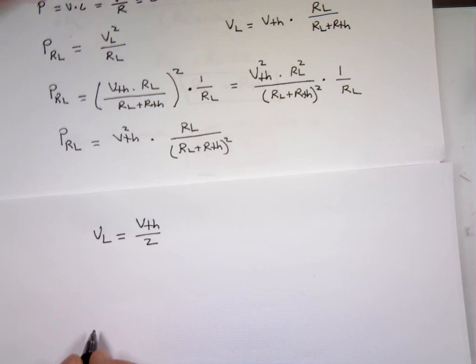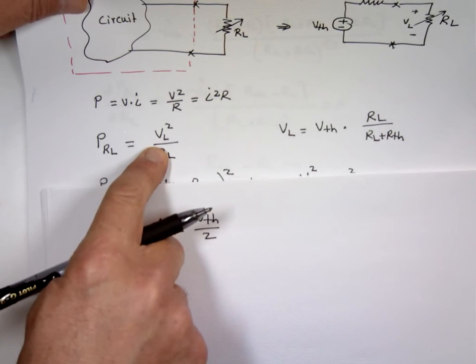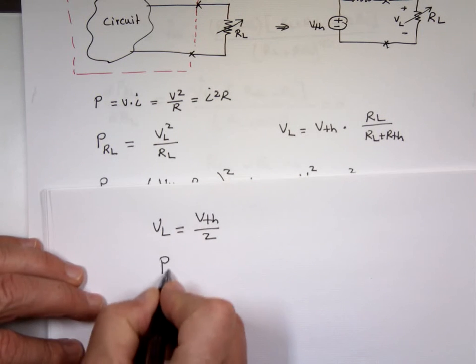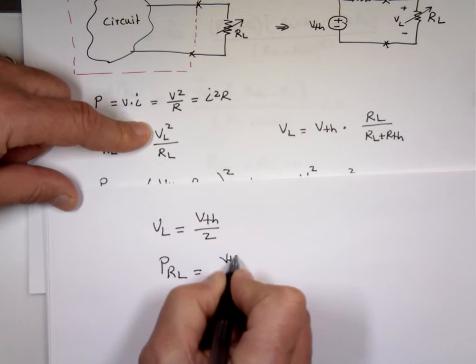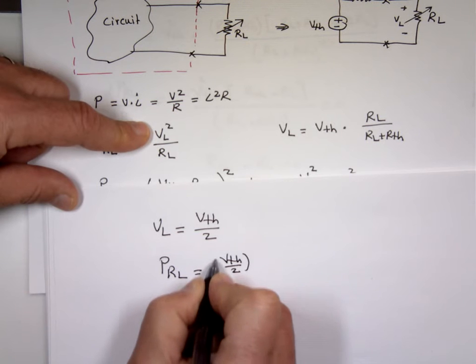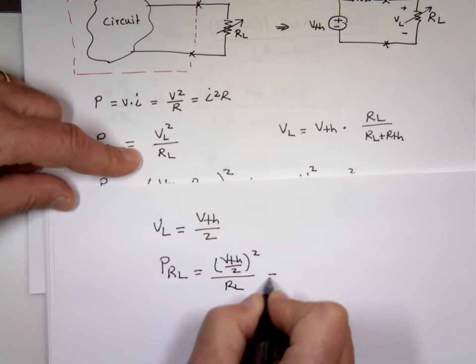So if I plug it into this equation, what is then the power transferred to the load? Instead of VL, let's write V Thevenin over 2, squared, divided by R sub L, and your final answer is going to be what?